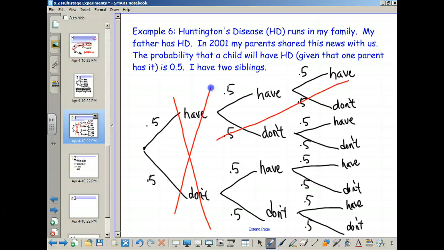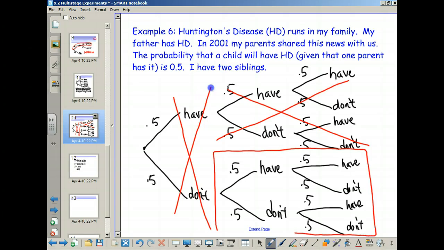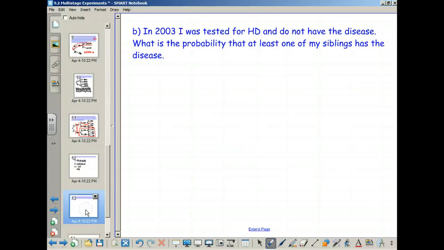And we eliminated the possibilities up here, because I don't have it. We're down on the bottom branch now. The diagram right here is the diagram that we need to work with for the last problem. Because that diagram right there tells me information about what now? What about my sister? What about my brother? So I have a 2-branch tree diagram.